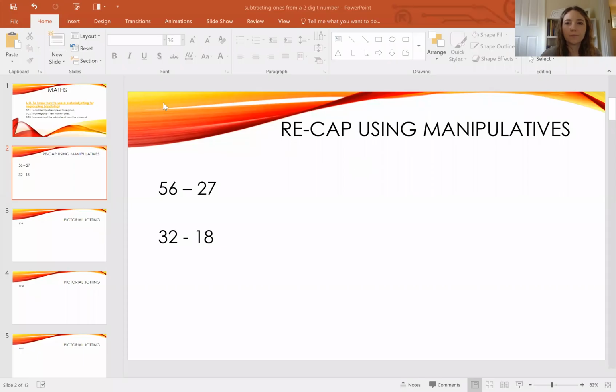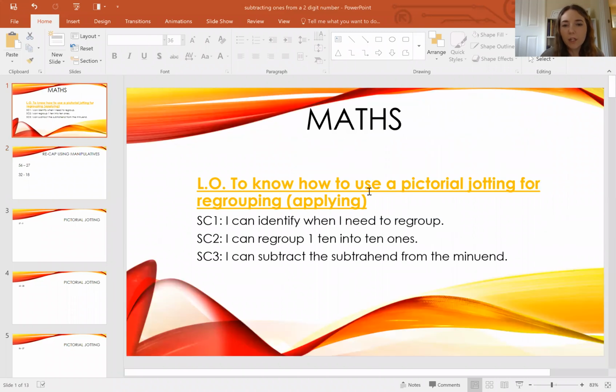Okay, so today's learning objective is to know how to use a pictorial jotting for regrouping. So you're going to need to be able to identify when you need to regroup, again, like we did yesterday. Be able to regroup 10 into 10 ones, and then subtract the subtrahends from the minuends once you've regrouped.